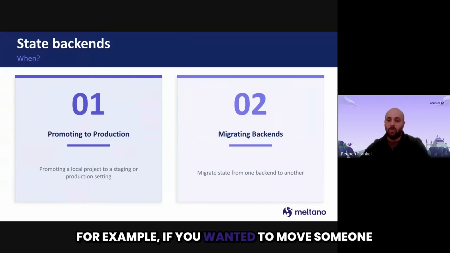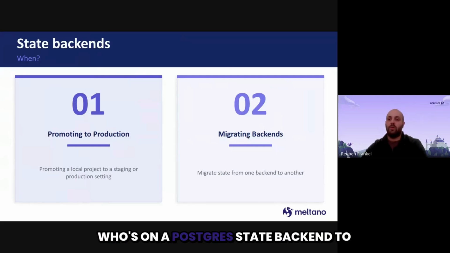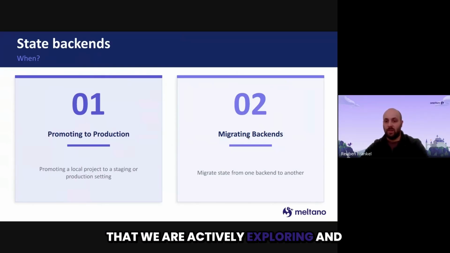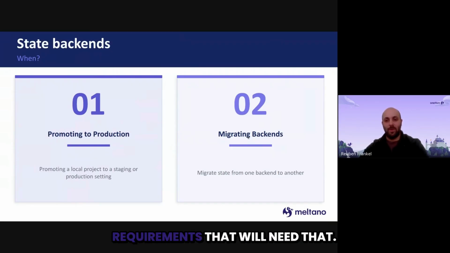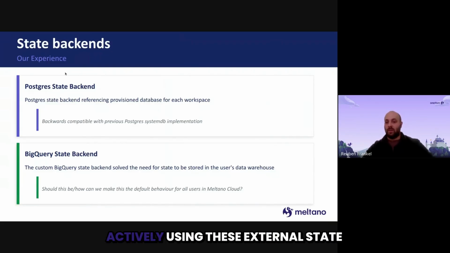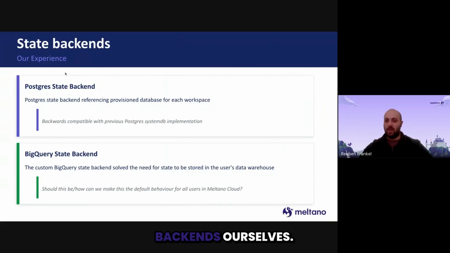For example, if you wanted to move someone who's on a Postgres state backend to Snowflake, that is a use for state backends that we are actively exploring and developing currently, mostly because we've got some customer requirements that will need that. So like we've been touching on, we are actively using these external state backends ourselves.